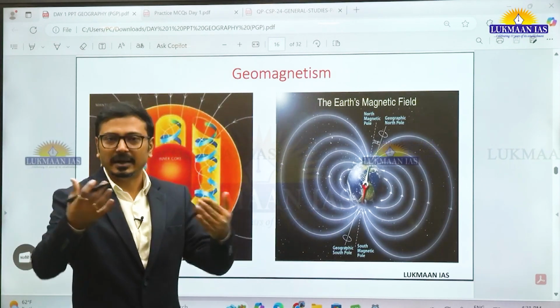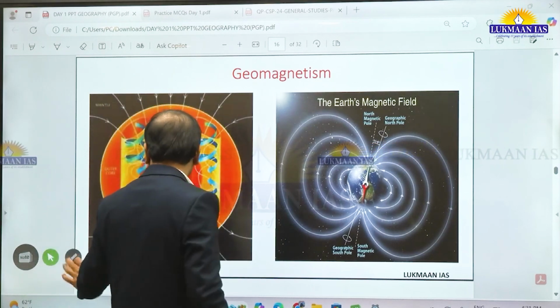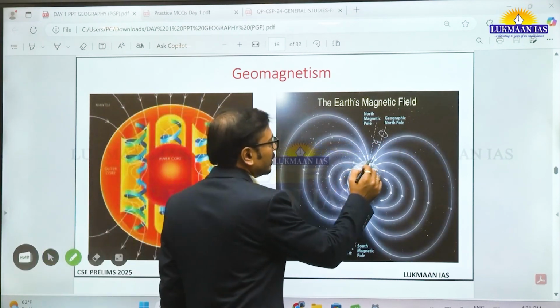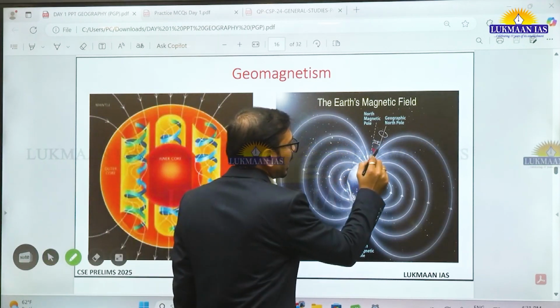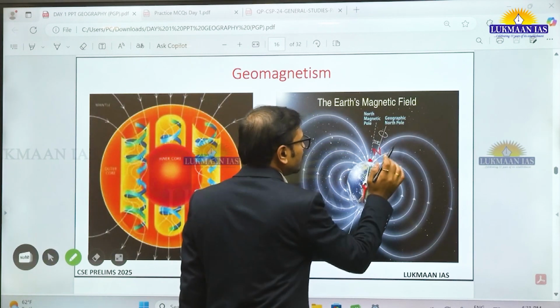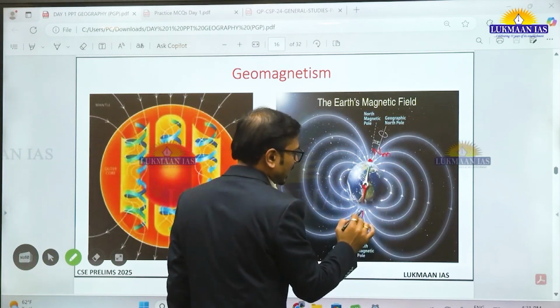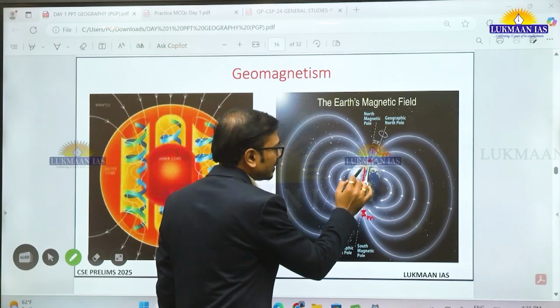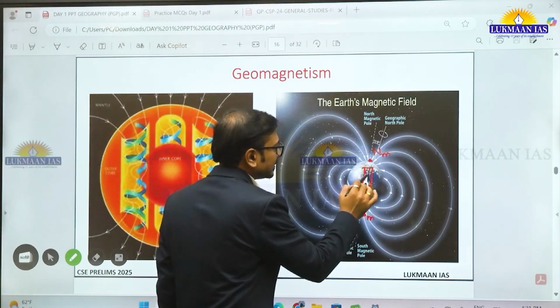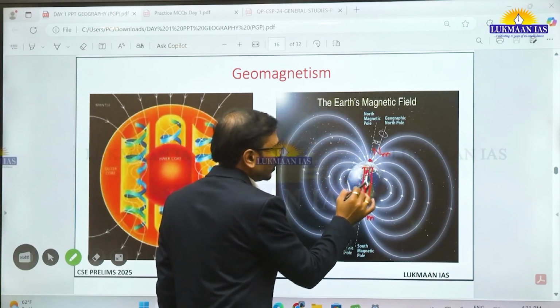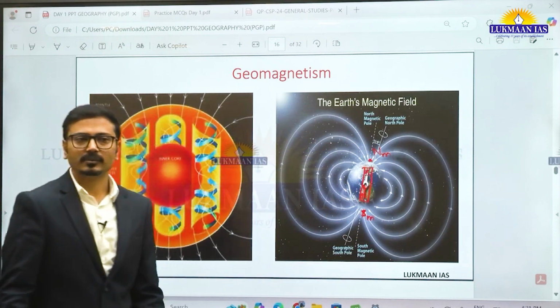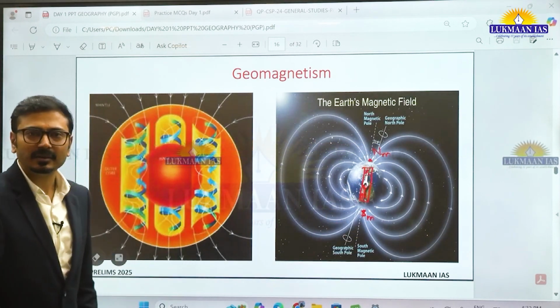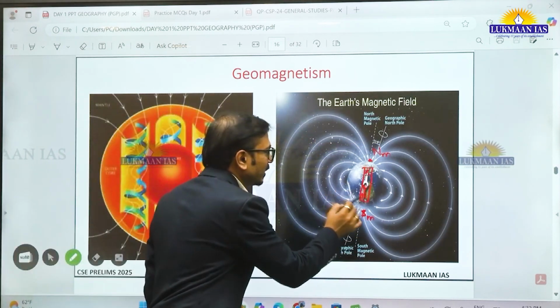Now for our understanding, what we have done is we have named this particular pole as north magnetic and this as south magnetic pole. But inside the earth, this bar magnet is like this, south pole, north pole. Inside the earth, it is south pole and north pole.